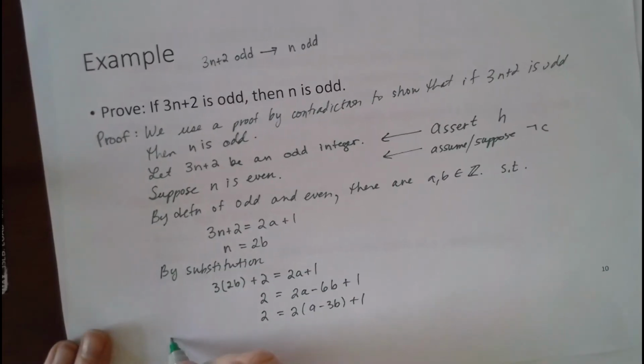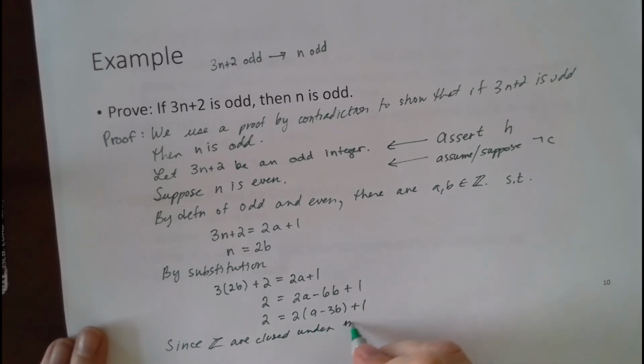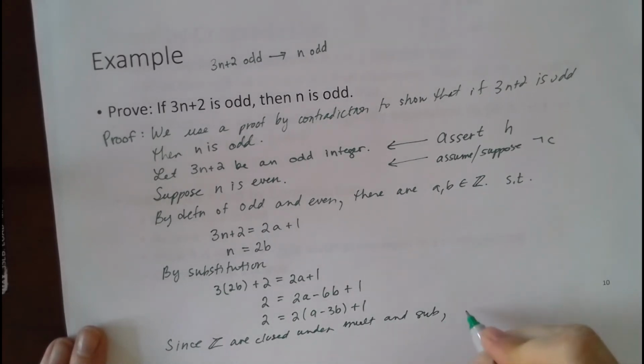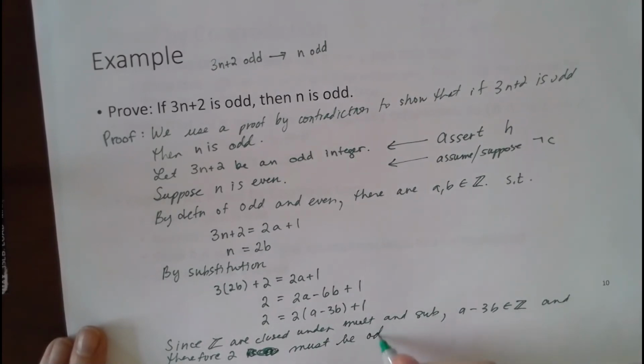Since the integers are closed under multiplication and subtraction, a minus 3b is an integer, and therefore 2 must be odd.